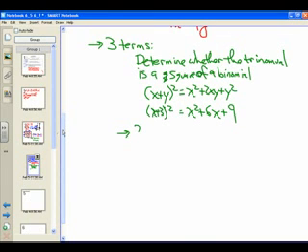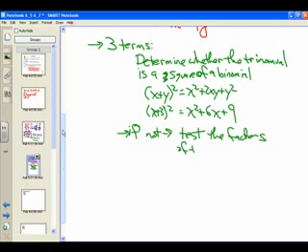If not, test the factors of the terms. That would be your diamond and box.